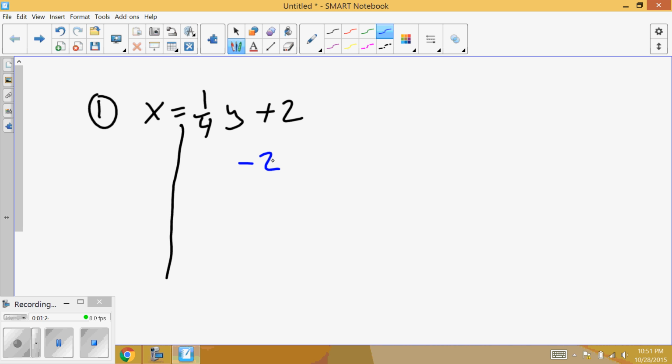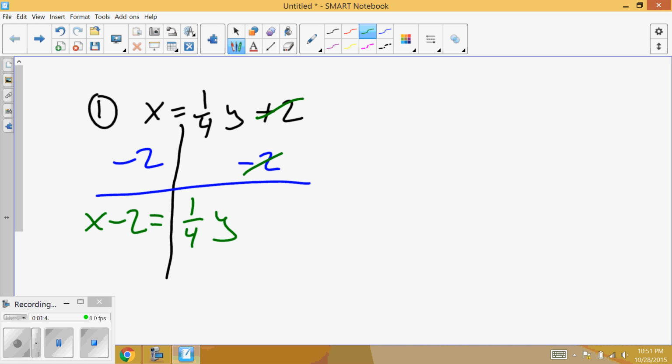If I do that to the right side of my equation, I should do that to the left side of my equation. My plus 2 and my minus 2 cancel each other out, undo each other. And we get x minus 2 equals 1/4 y.